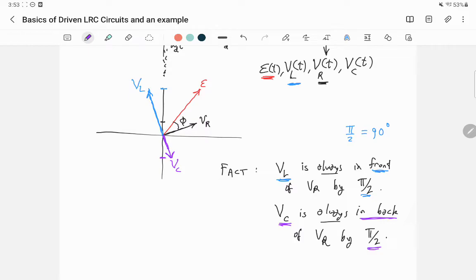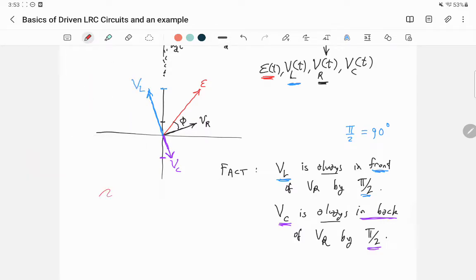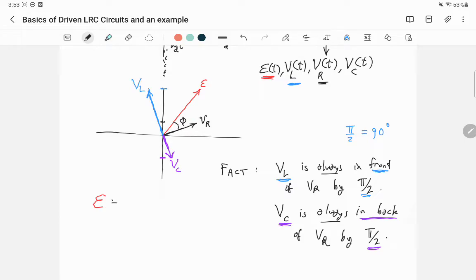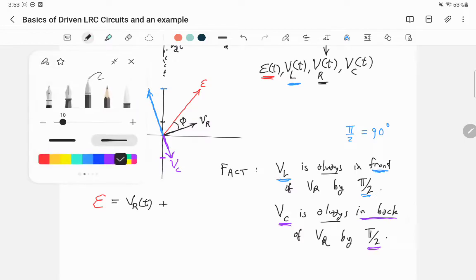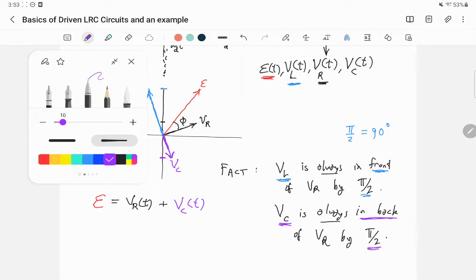And the idea is this is where you can see Kirchhoff's loop rule. Kirchhoff's rule says that whatever is gained at the driver, it's lost at the other elements. Right, so Kirchhoff's loop rule is actually in here.